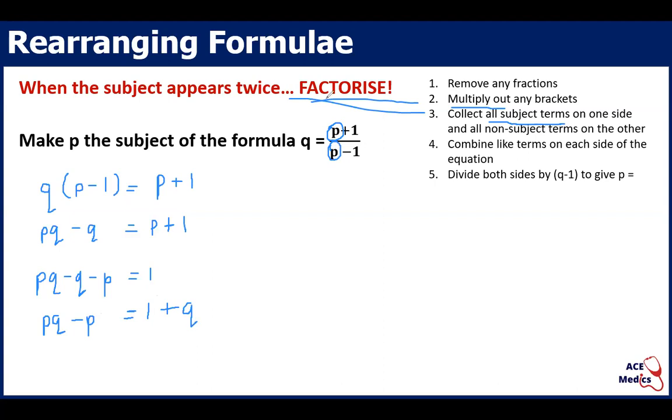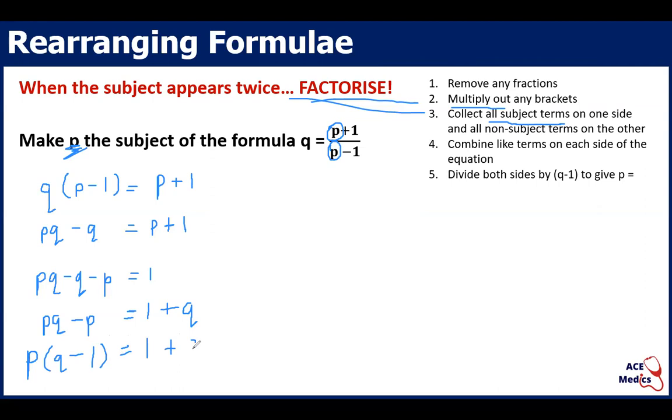Does everyone understand what I mean by subject and non-subject terms? So the subject terms are the ones including the P, so whatever we're making the subject. So that includes PQ. And the non-subject ones are anything that doesn't include P. Cool. We then need to put our P's into brackets, because what that means is that we end up with only one P. Can you see what I've done there?